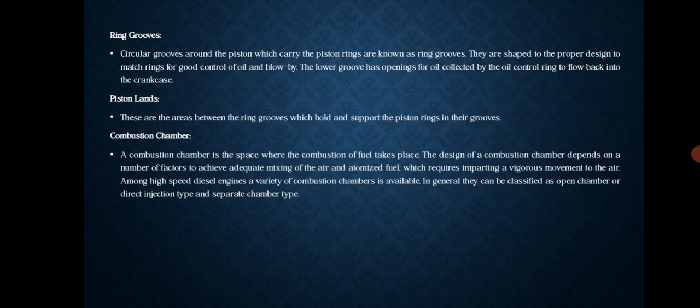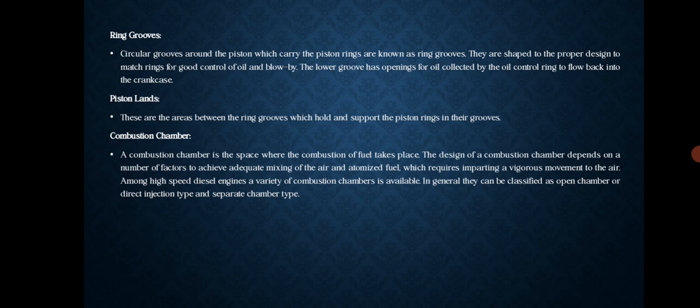Ring grooves. Circular grooves around the piston which carry the piston rings are called ring grooves. They are shaped to the proper design to match the ring for good control of oil and blow by.